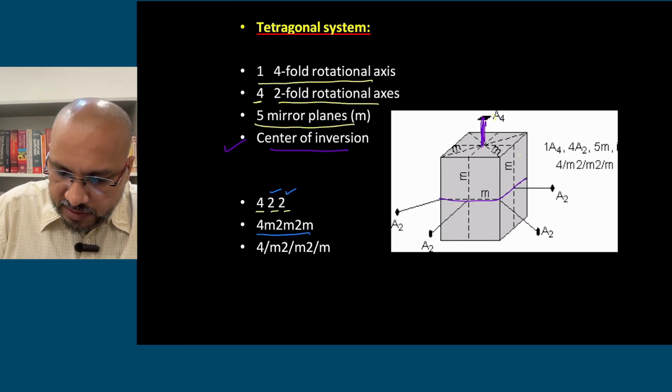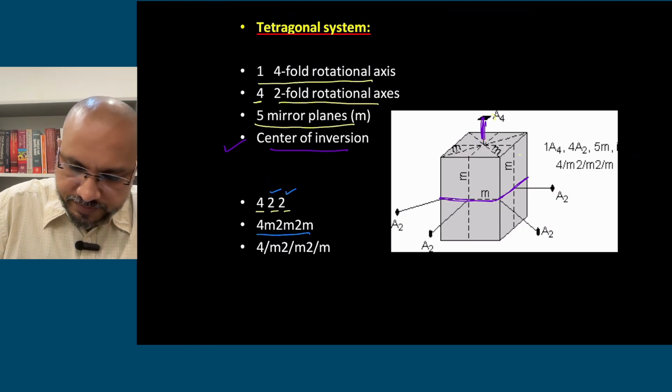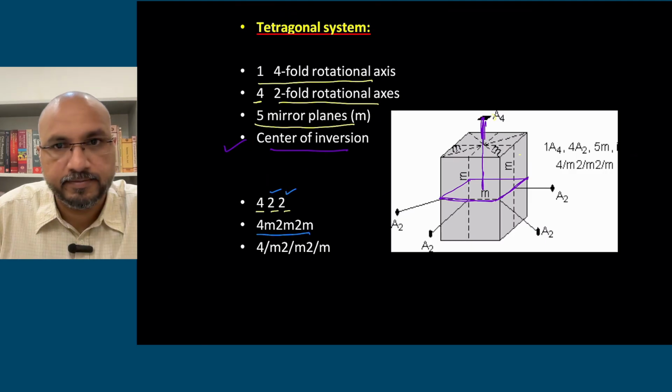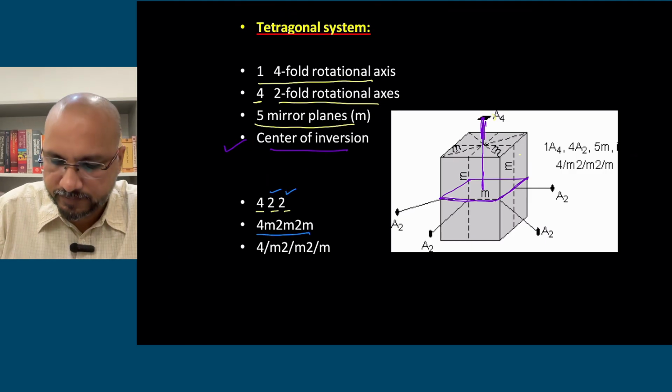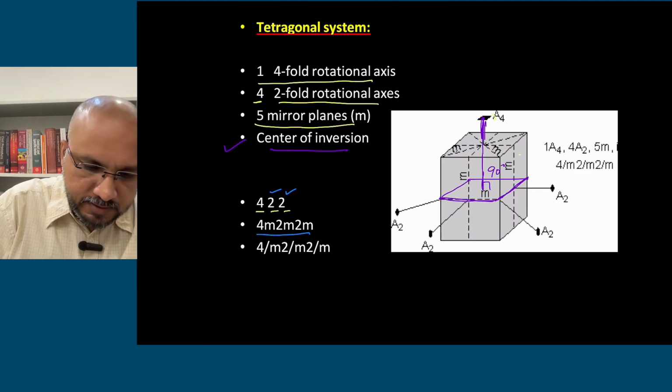This horizontal mirror plane is perpendicular to this four-fold rotation axis. It will pass through the middle, where your four-fold rotation axis goes through. So it is perpendicular, it is 90 degrees, right?